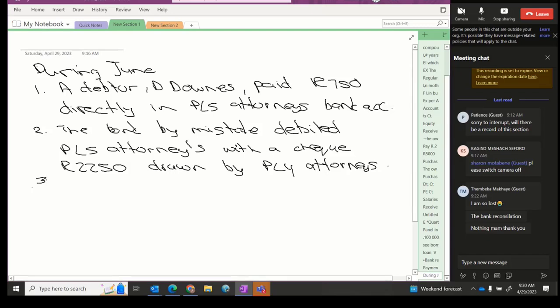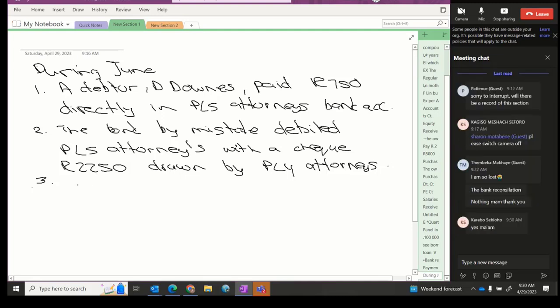Okay, they say, on the bank statement, it also reflects, okay, this is an old example where they still refer to checks.